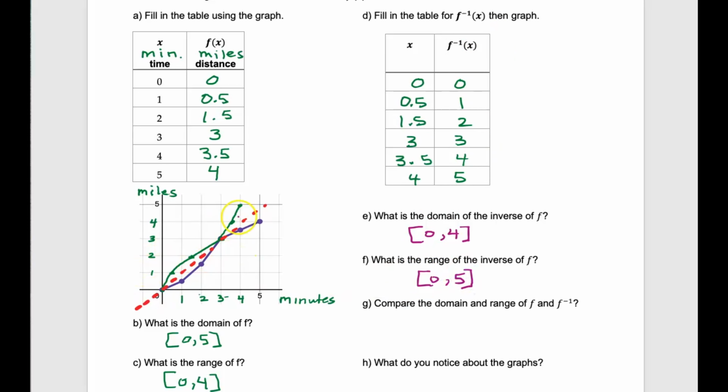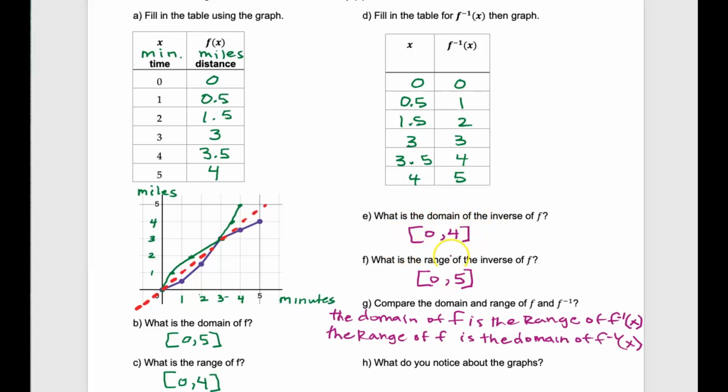And again, we can look at the graph to see that. Remember, our domain, we look at it from left to right, the range from bottom to top. And if we compare the domain and range, it looks like the domain of f is the range of the inverse of f. And we can also see that the range of f is the domain of the inverse of f.